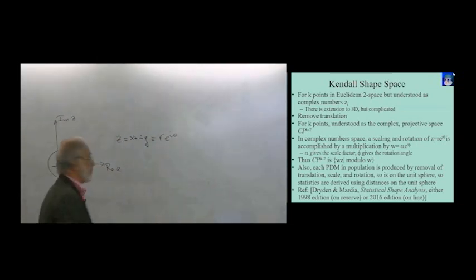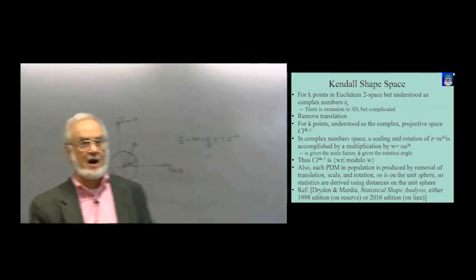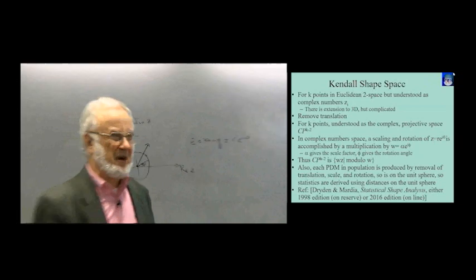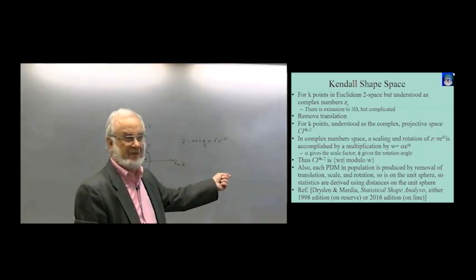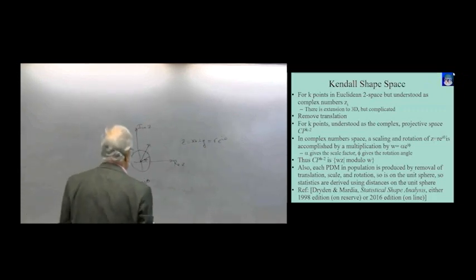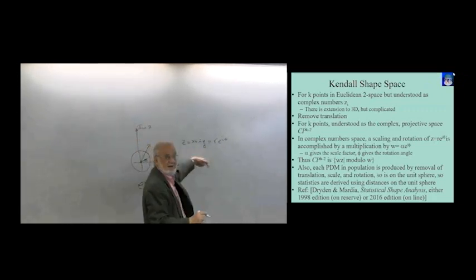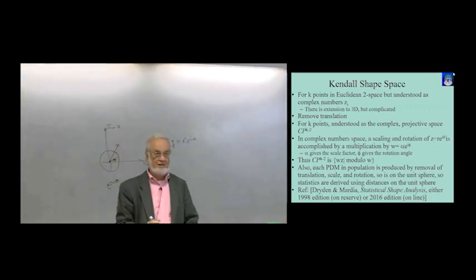So x plus iy ends up being r e to the i theta, where r is the square root of the sum of squares of x and y, and theta is related to the tan inverse of y over x. Right?